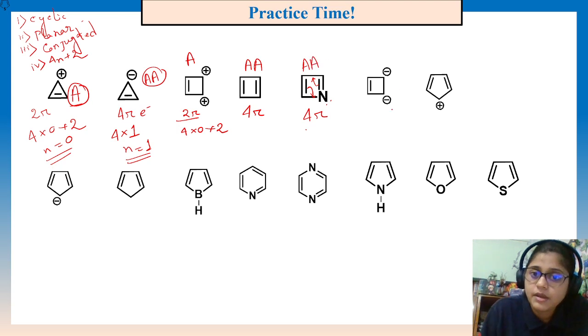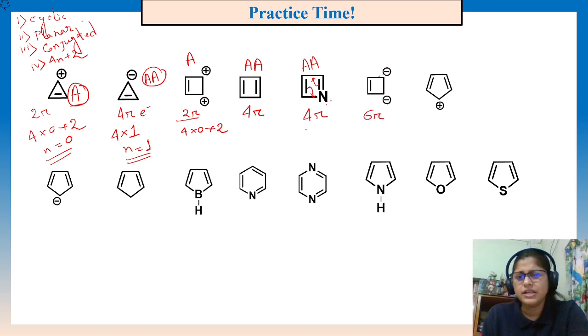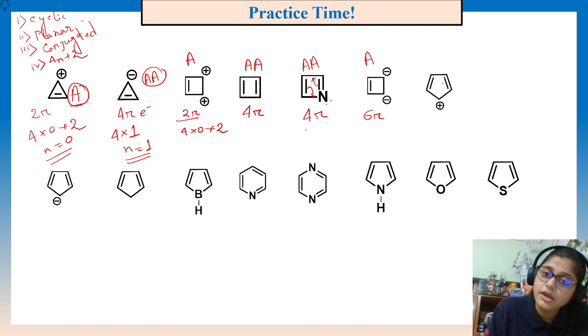Anti-aromatic. Here 1, 2, 3, 4, 5, 6. 6 pi. Obviously planar, 4 carbons are there. So planar, conjugated, and all are sp2, and 4n plus 2 number of pi electrons it has. Right? 6 pi aromatic.